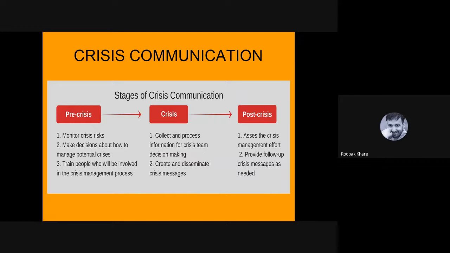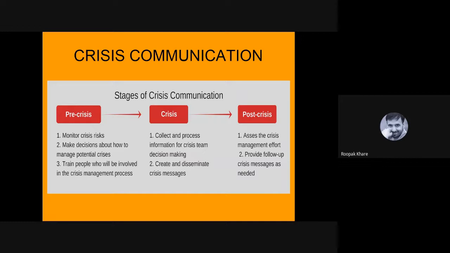What kind of tactics would you follow? You need to train people to handle those crises. A very good example of this sort of strategy is firefighting training. It is compulsory for all organizations to have firefighting equipment on their premises. Everybody in that office should be trained properly. They should know how to handle situations. So if a fire breaks out, people in your organization should know these are the equipments and how you use them.